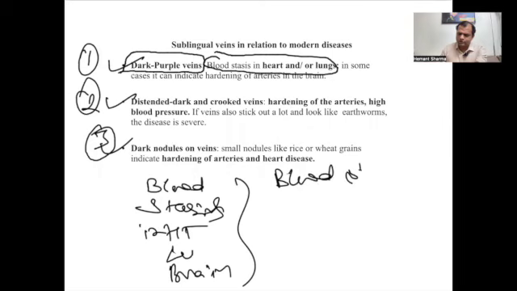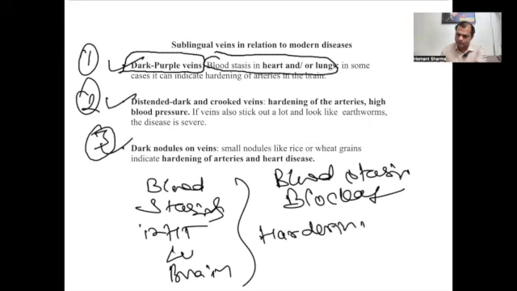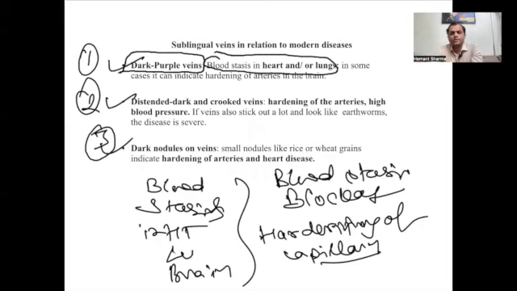Blood stasis creates blockage. So there is a hardening of the arteries, hardening of capillaries that supply the heart, that supply the brain. So what problem will happen? Maybe there is a blockage of the heart, a blockage in the coronary artery, blockage in the brain.